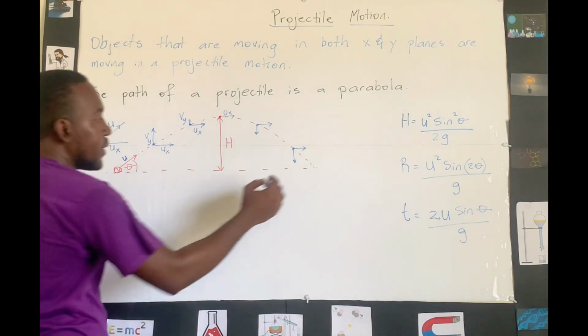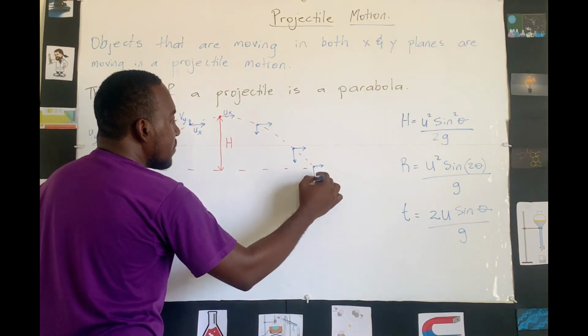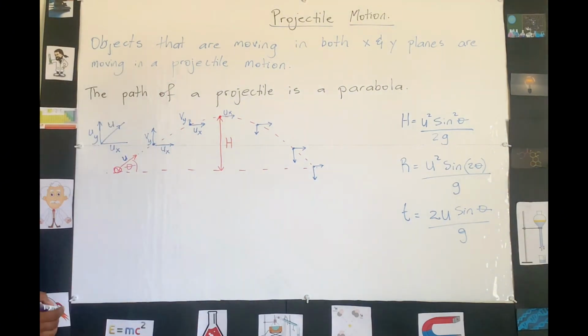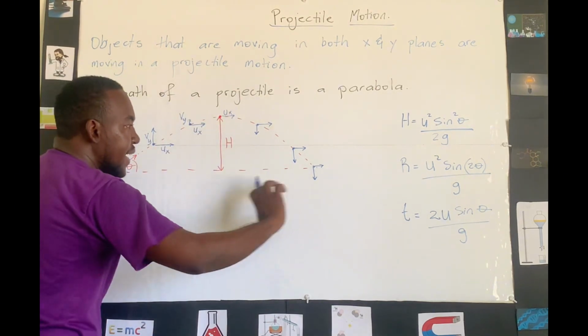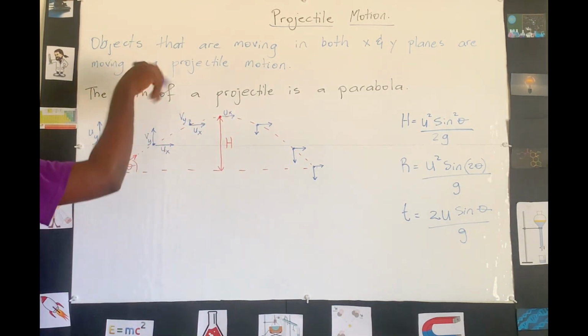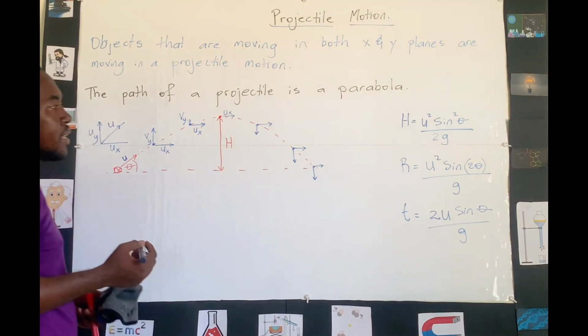Even when it's about to touch the ground, we still have x being the same, and we still have y, the maximum y there. So that's something to remember, that there is no acceleration in the x plane. In the y plane, the acceleration is gravity, which is negative 9.81.